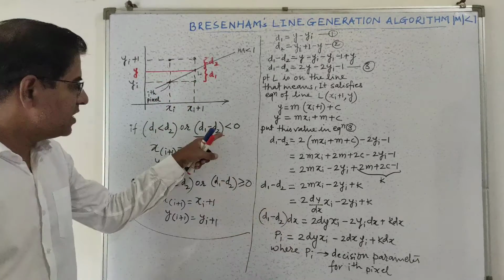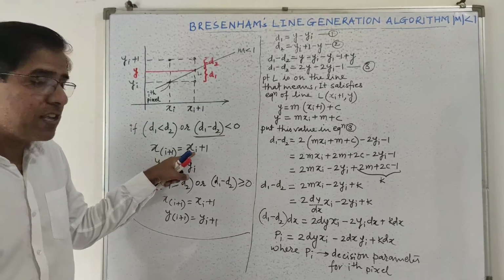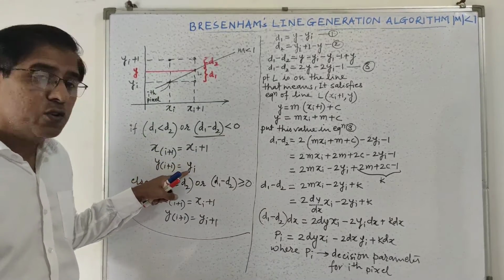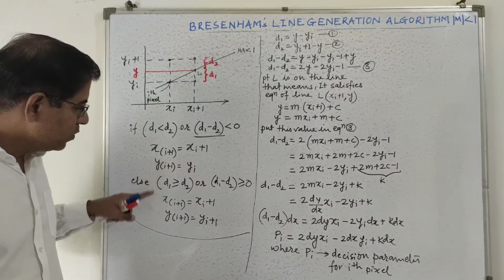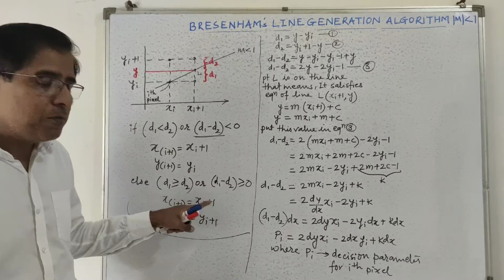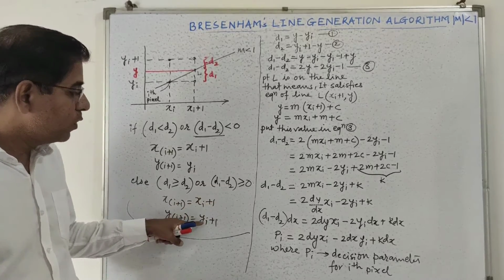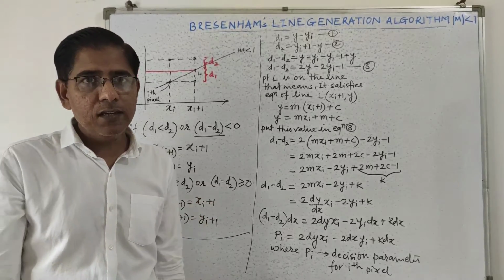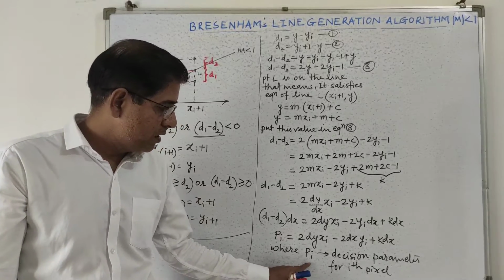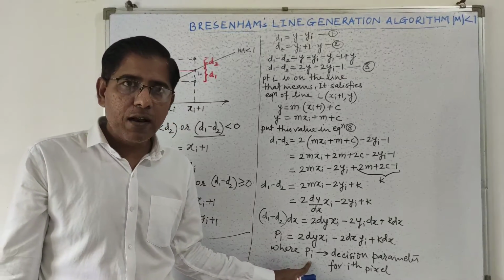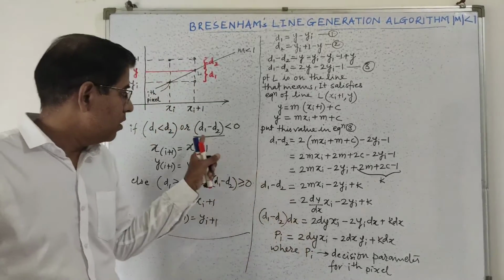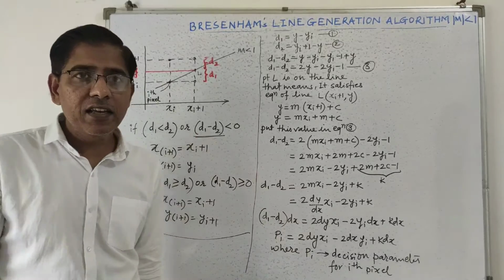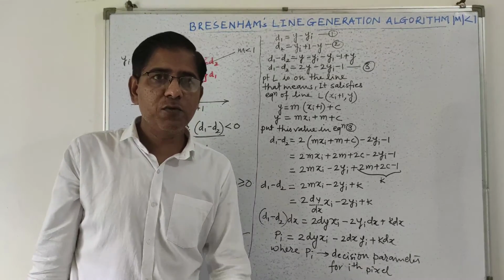So if pi is less than 0, then xi plus 1 is equal to xi plus 1, yi plus 1 is equal to yi. Else, that means pi is greater than or equal to 0, then xi plus 1 is equal to xi plus 1 and yi plus 1 is equal to yi plus 1. Okay. So this pi is a decision parameter. The answer of this expression will give you the direction of selecting the coordinates of next pixel.